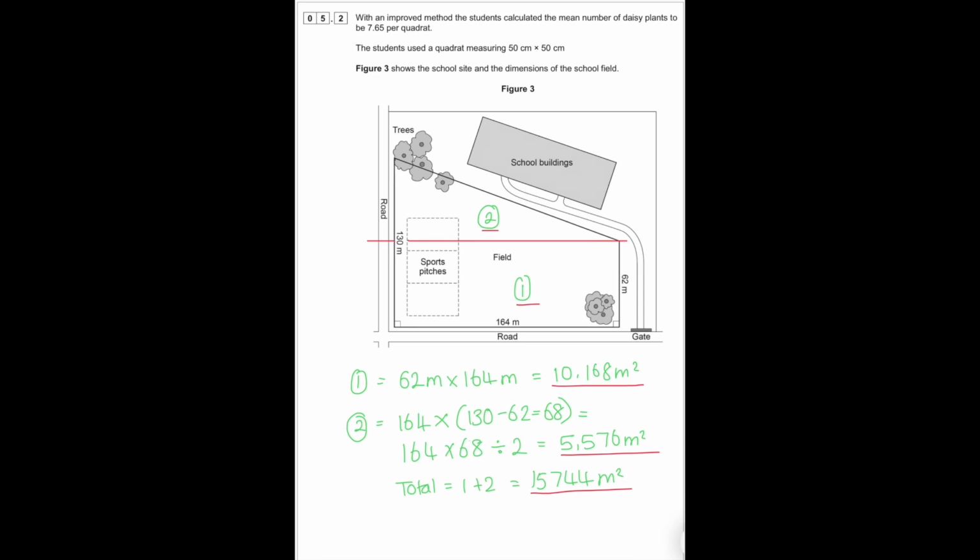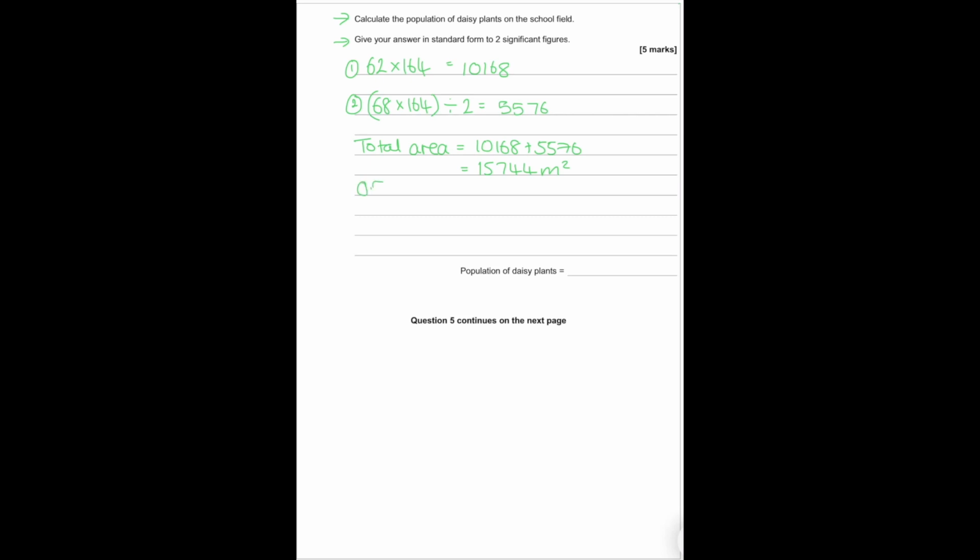15,744 metres squared. Our quadrat is 0.5 metres times 0.5 metres, which is 0.25 metres squared. And in that 0.25 metres squared, we have 7.65 daisies. So to turn that into metres squared, which is what we've got our area as there, we've got to times by 4.